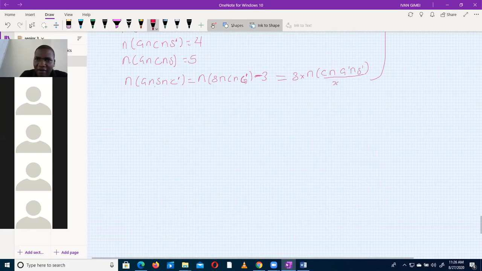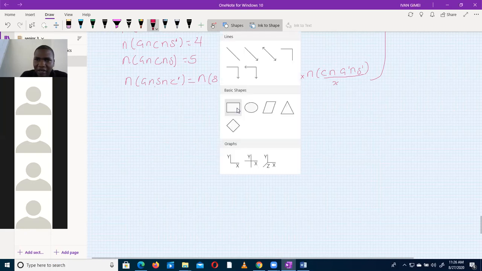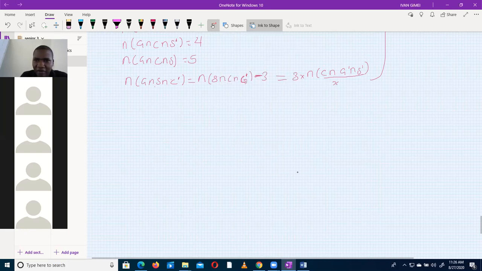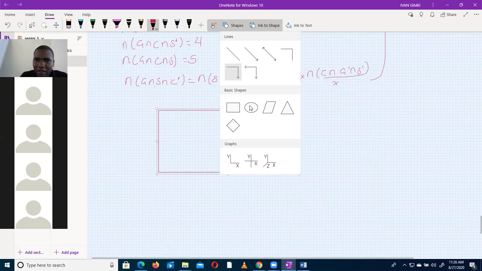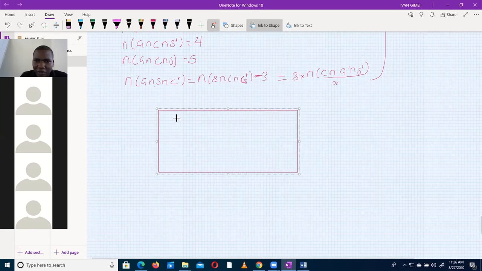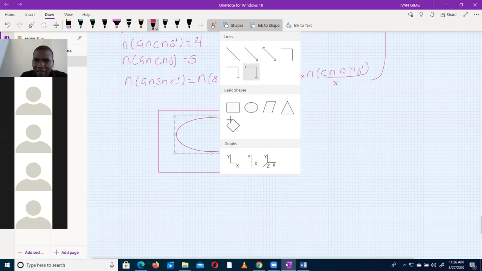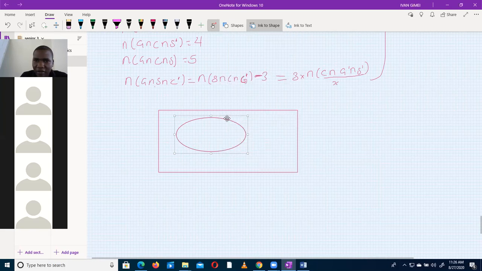So my Venn diagram, let me bring the Venn diagram. We have a Venn diagram like this. Then I put the three sets. Let me make sure they are balanced. Then we have another one. Let it start from here.